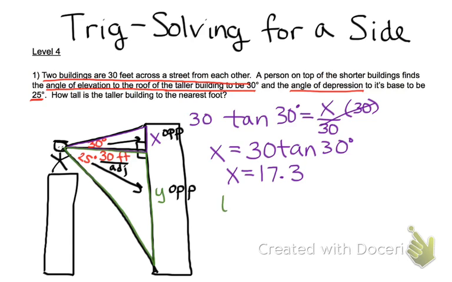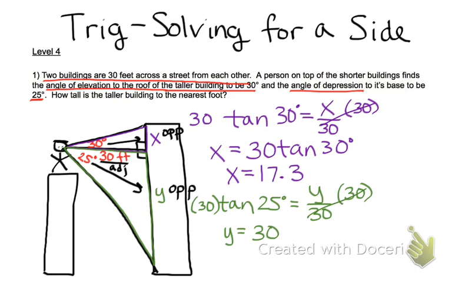So I'm going to do tangent of 25 degrees equals our opposite, which is Y, over our adjacent, which is 30. To solve for Y, I need to multiply 30 on both sides to get the Y by itself. And I have Y equals 30 times tangent of 25 degrees.